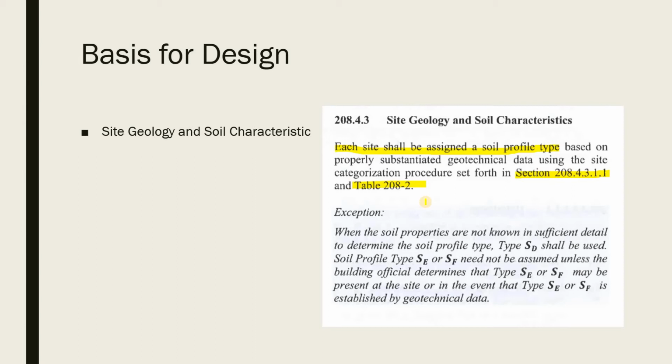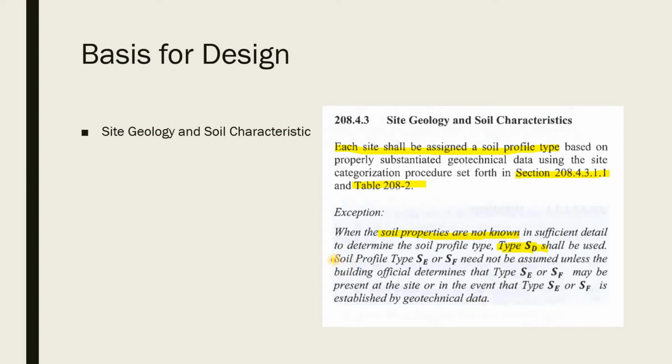But we have the exemption. When the soil property ay hindi natin alam in sufficient detail to determine the soil profile type, you will use the type S sub D, or type D.